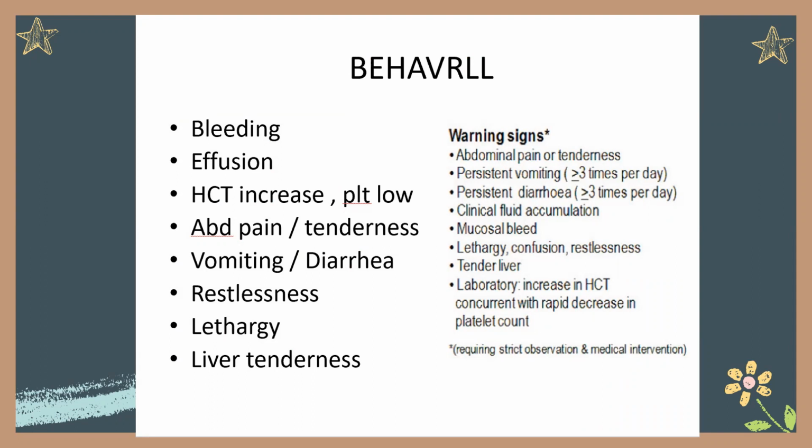If I remember only this, I still don't remember well. But if we assess the patient, ask, and look properly, then we will remember this: basically poor perfusion to the main organs. The hematocrit and platelet changes are due to the dengue virus attacking our bone marrow.